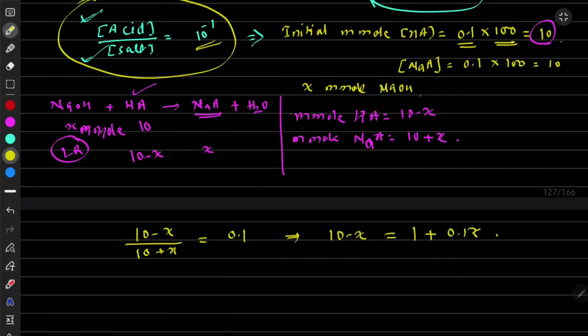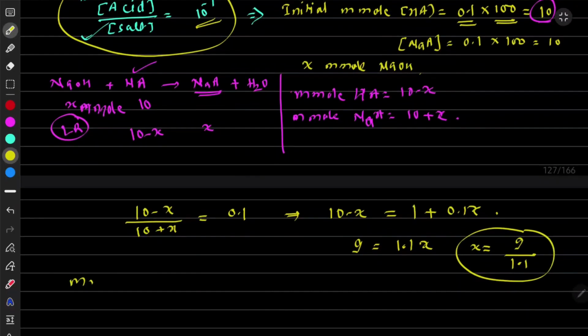So if x shifts to this side and 1 to this side, this will be 9 is equal to 1.1 x. So x is going to be 9 divided by 1.1, and this is the millimoles of NaOH to be added. Now convert this millimoles into the weight.